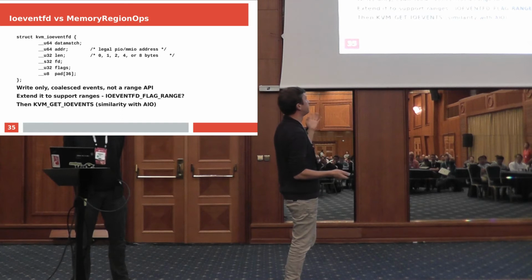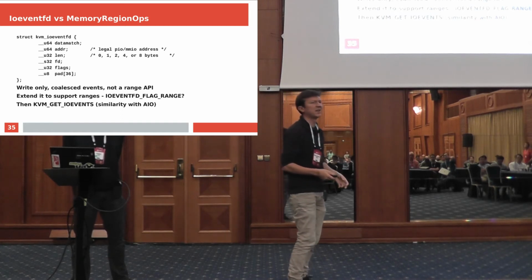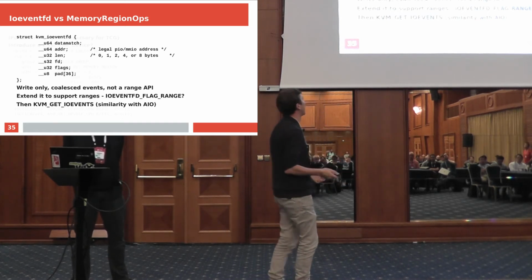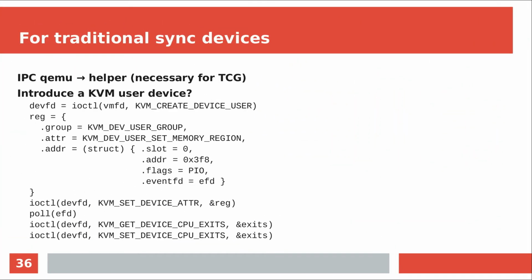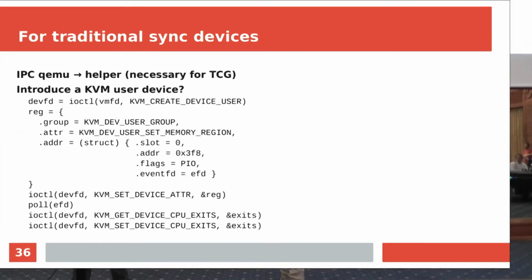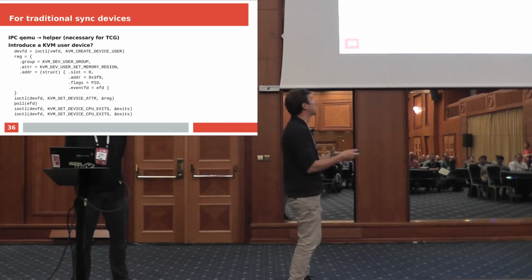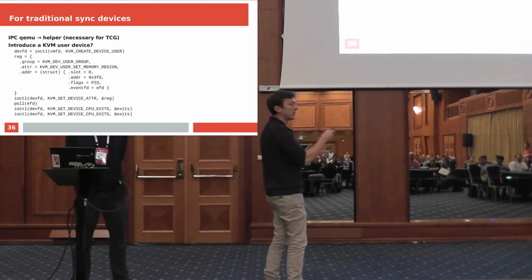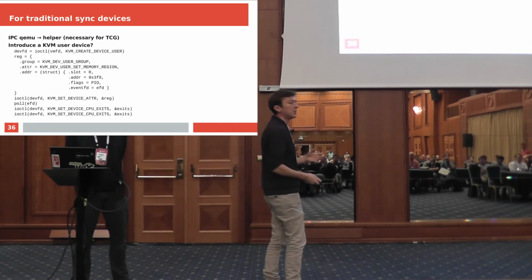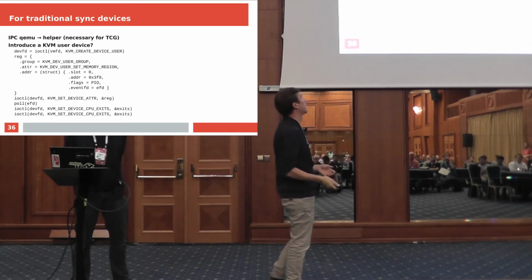We could also try to make it synchronous, but I think this wouldn't fly. So for traditional devices, we will obviously need something in QEMU without KVM. We will need to think about the interface to tell the process that the CPU tried to read and write here, without using KVM.